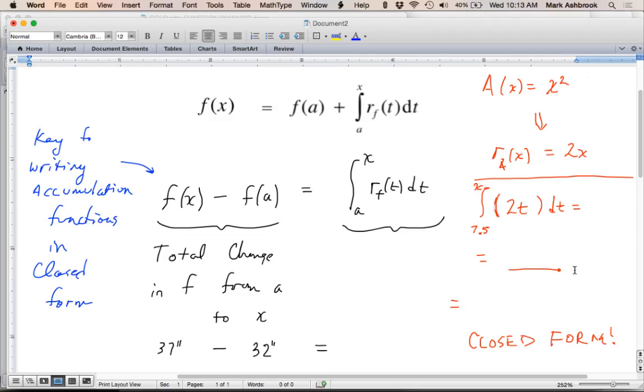So if I want to use function notation for this, what would the function notation be? A of x minus A of 7.5. And then that's what you said, Austin. What's A of x? X squared. A of 7.5 is?